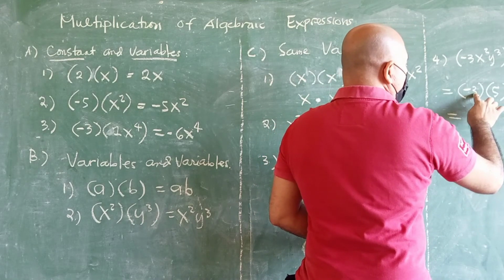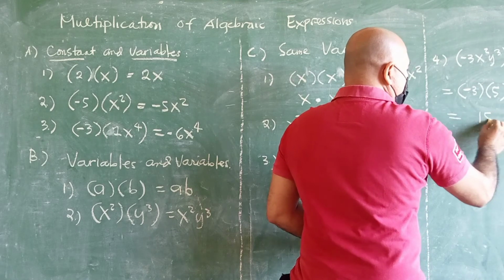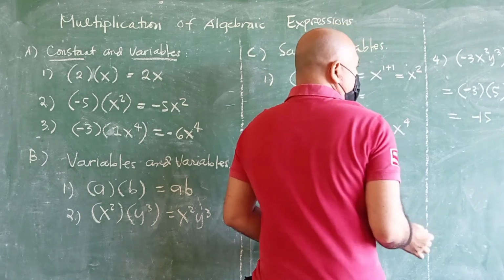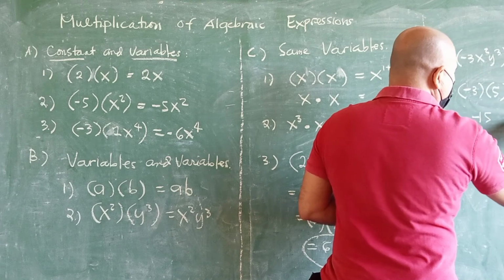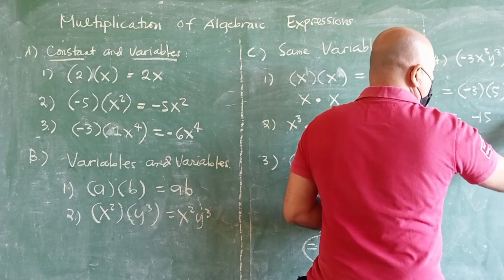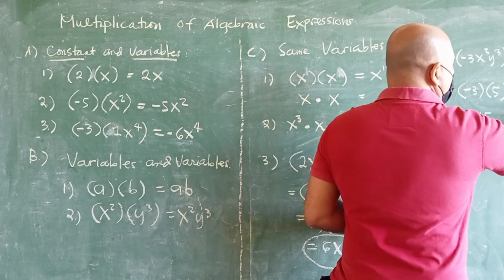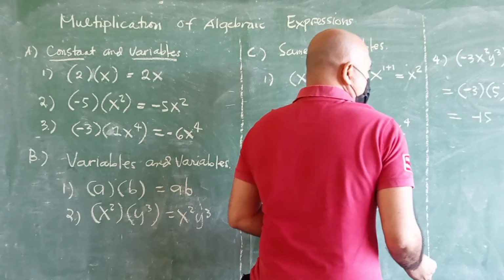So 3 times 5 is 15, and negative times positive is simply negative. Then bring down the variables: x raised to the power of 2 plus 3 is 5, and y raised to the power of 3 plus 4 is 7.